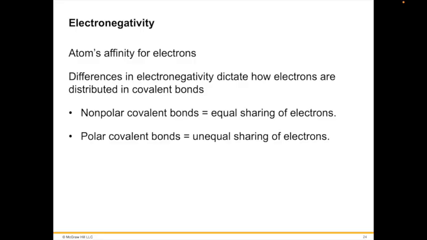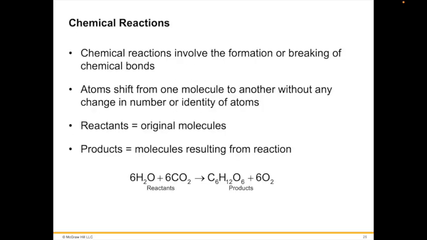The partial charge seen in a polar covalent bond is relatively small and far less than the unit charge of an ion. For biological molecules, we can predict the polarity of bonds by knowing the relative electronegativity of a small number of important atoms. You can see this in table 2.2.